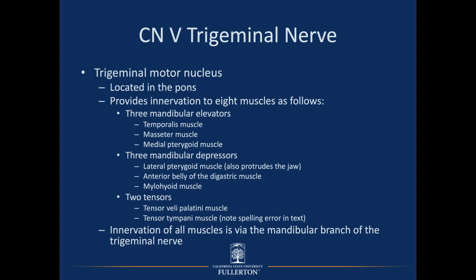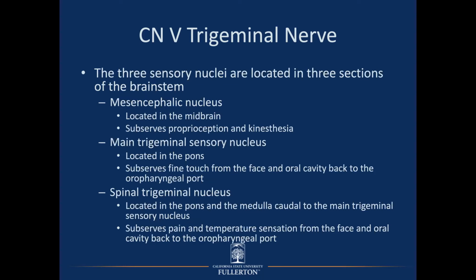And so if you have a weakness in them, chances are you have a weakness in the other 2 as well. So we test these by palpation, touching during mouth closure, and the medial pterygoid by observation, and I'll show you in a minute how we do that. We're just going over the basics here now.